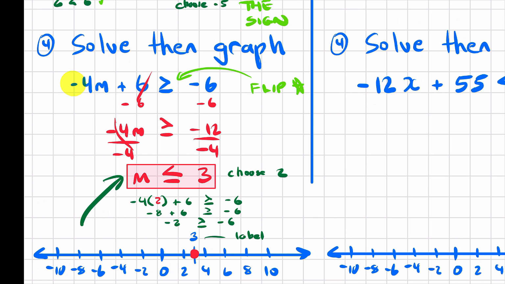But in this case, it is 3, and it is anything that is less than that as well. So again, our arrow is going to come off of that circle and go to the left. And that is finished.